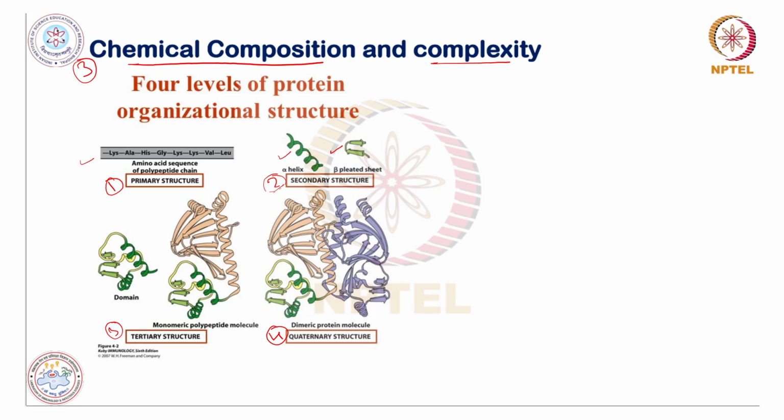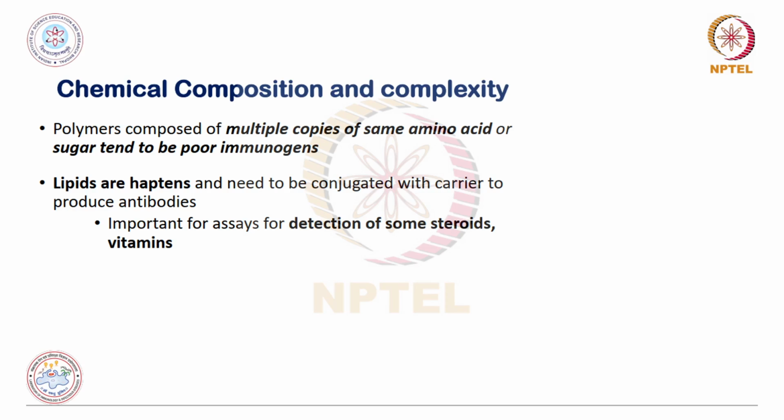So the chemical composition and complexity of the immunogen also determine the level of immunogenicity caused in the host. For primary, secondary, tertiary, and quaternary structure, the immunogenicity level will be different.